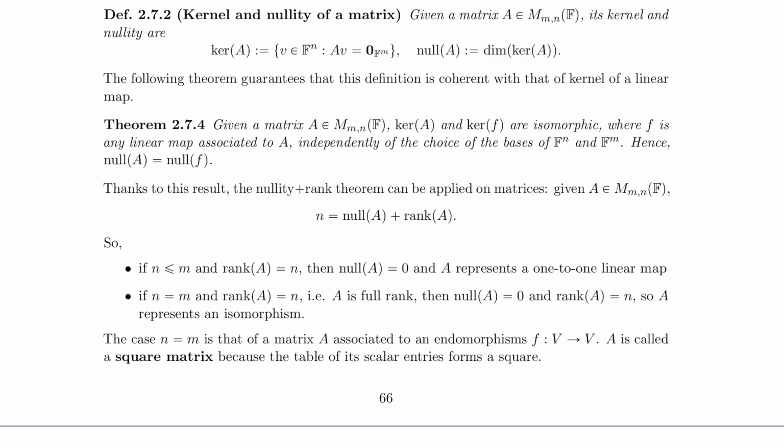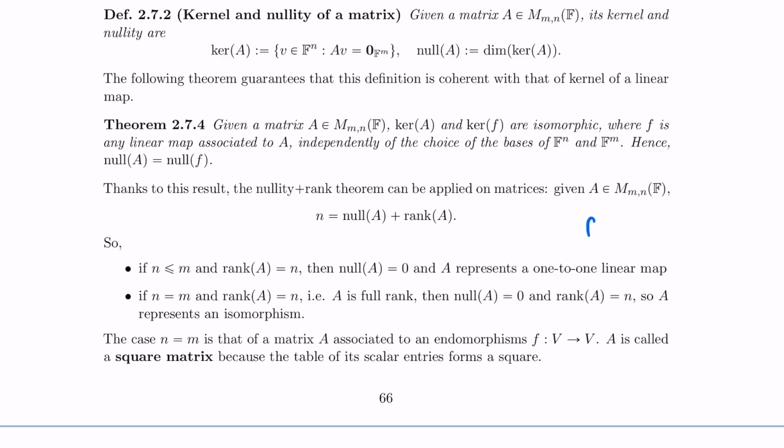Being isomorphic, these two vector spaces have the same dimension, and so the nullity of A is equal to the nullity of F. Thanks to this result, and also the previous one regarding the rank of a matrix, we can extend to matrices the nullity plus rank theorem.